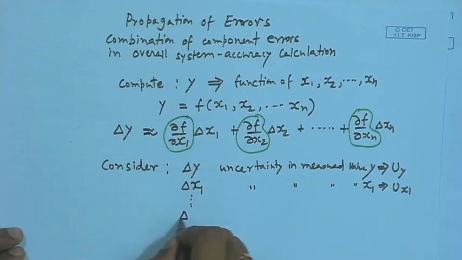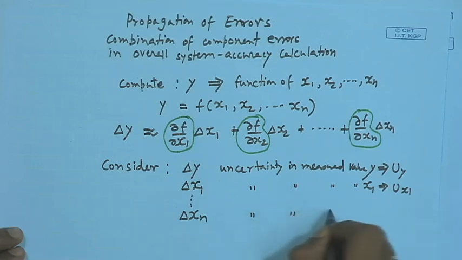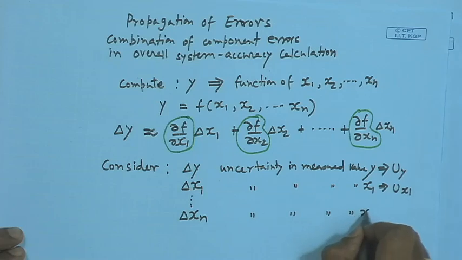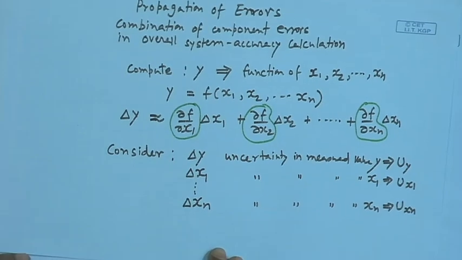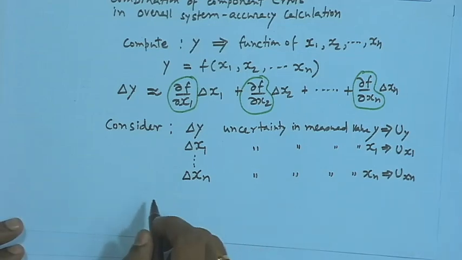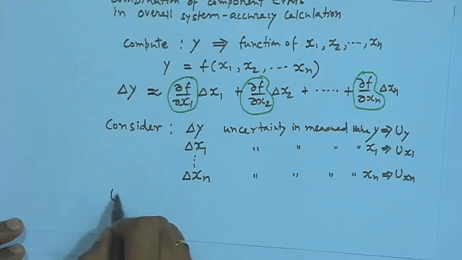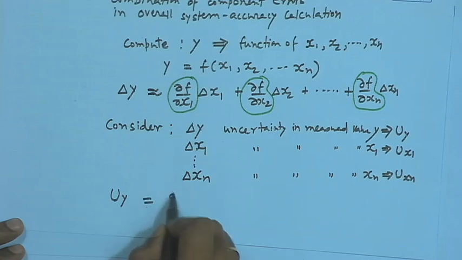Similarly, delta xn is to be considered as uncertainty in measured value xn, which we will represent as u xn. Then we can write u y as this.